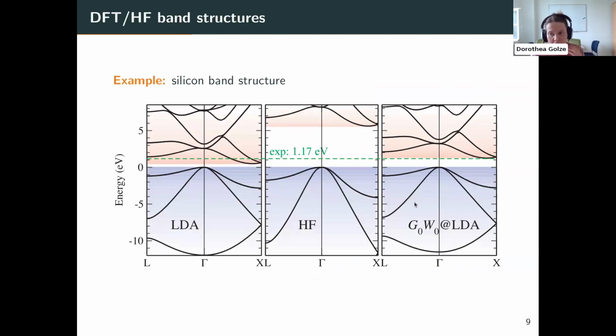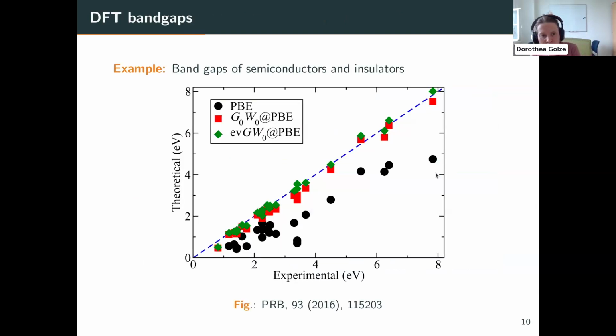Now for the solids, it's very similar. We have here the silicon band structure computed, with the DFT eigenvalues with an LDA functional. We have here the experimental gap indicated with this green dashed line. You see it's much too small. If you take the eigenvalues from Hartree-Fock, you see that you drastically overestimate the band gap. And again, much better with GW.